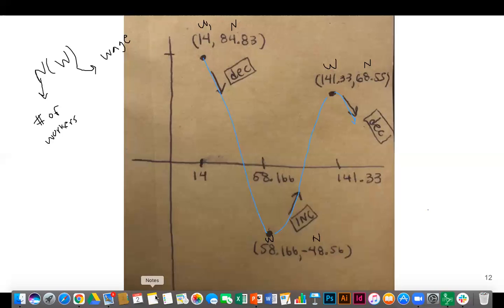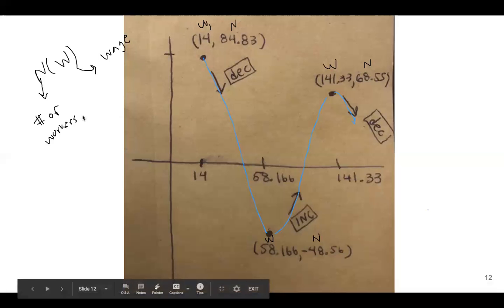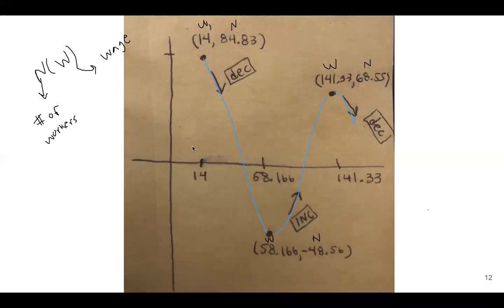That would trip me up because I'm like, wait, this is wage, not amount of workers. And that would mess up my input and output. So that's why it makes so much sense to just label it. And on your paper, just remind yourself, okay, this is wage and N is workers, not the other way around, which I would do.